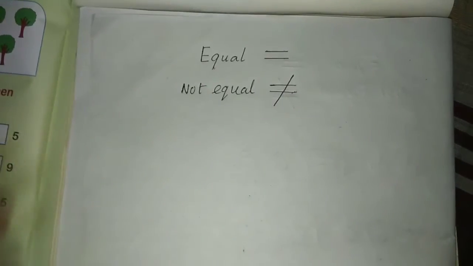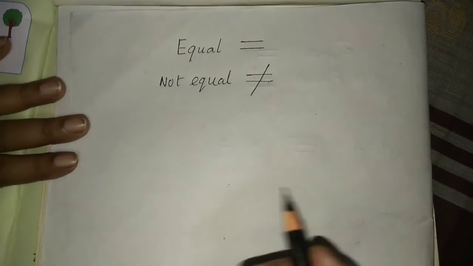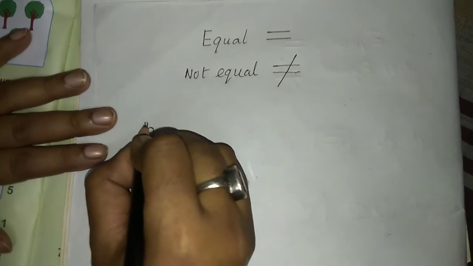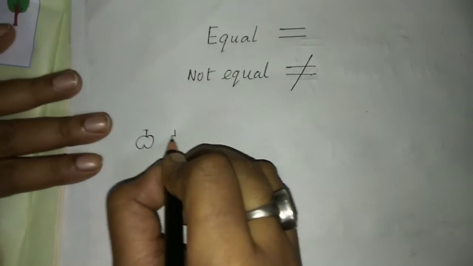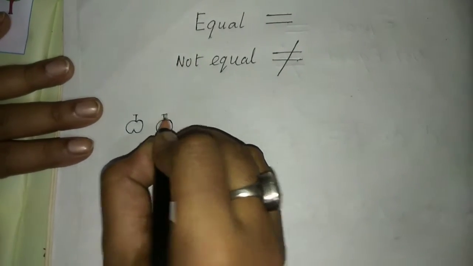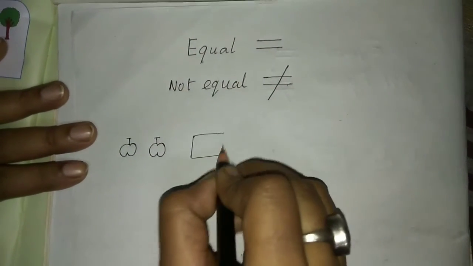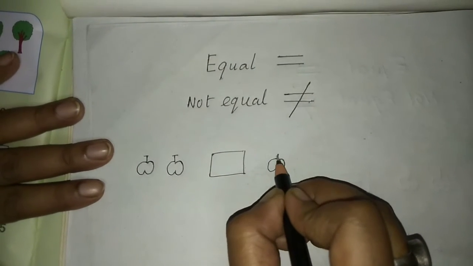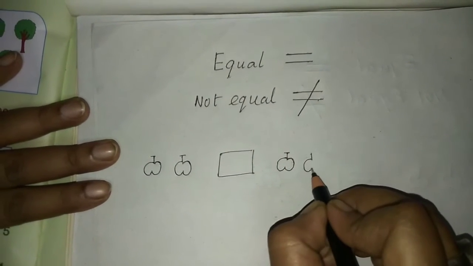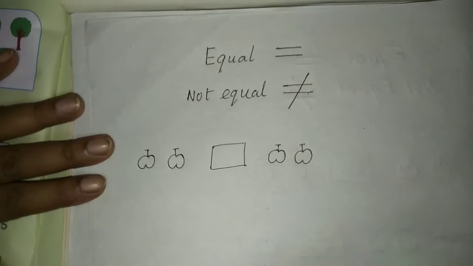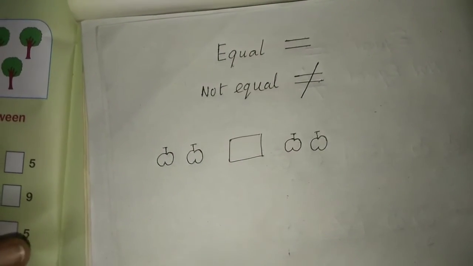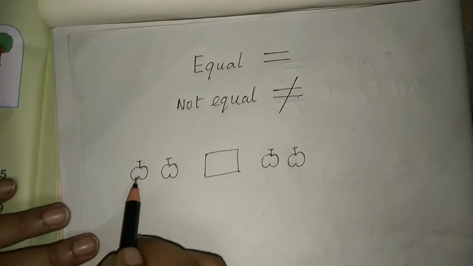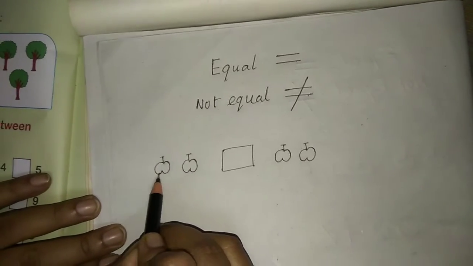Now let's do some examples. Suppose I am drawing some objects here, then a box, and on this side I am also drawing objects. First, what will you do? Count the objects. How many objects on the left side? 1, 2.